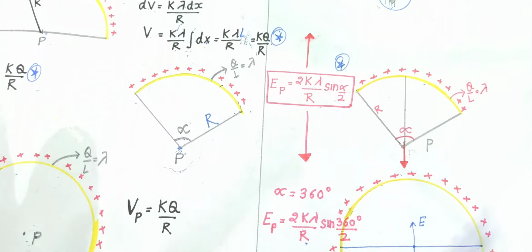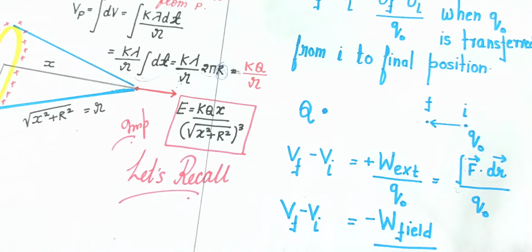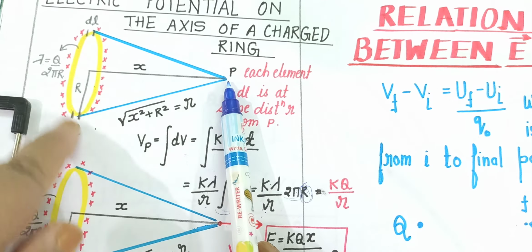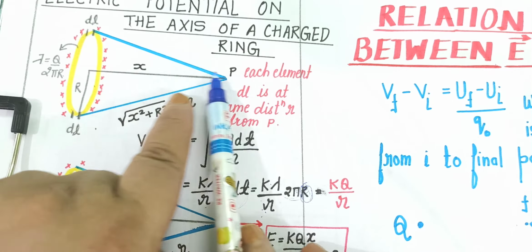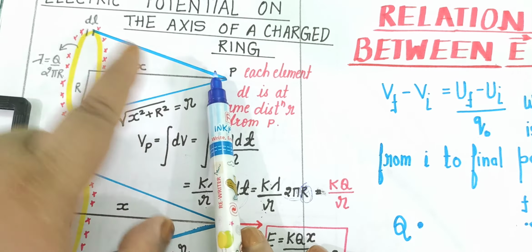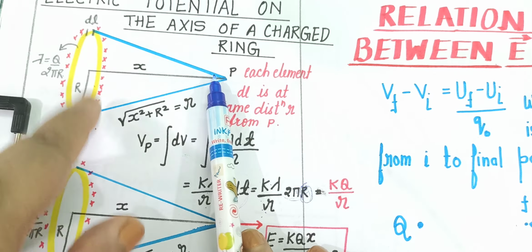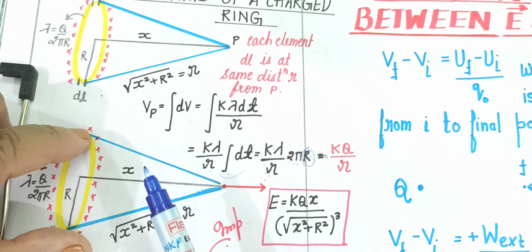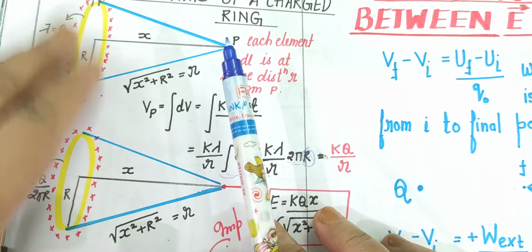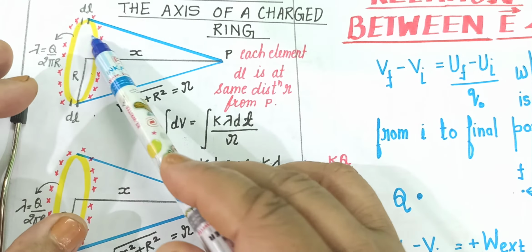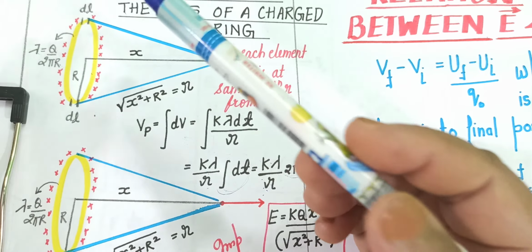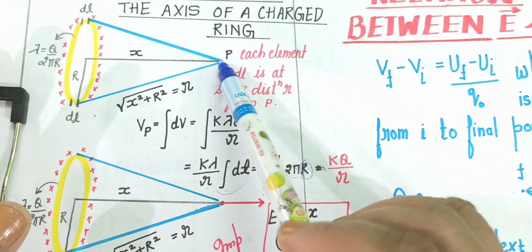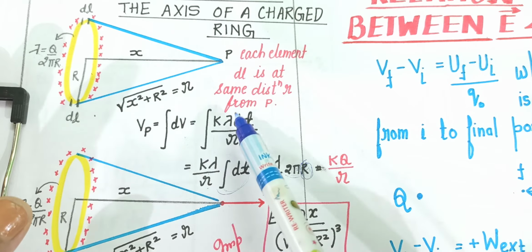Now let me come to the next problem, and that is field and potential at the axis of the ring. The point is at distance x from the ring. In case of field we took two symmetrical elements, but actually in potential, which is a scalar quantity, all the elements will produce potential k dq.